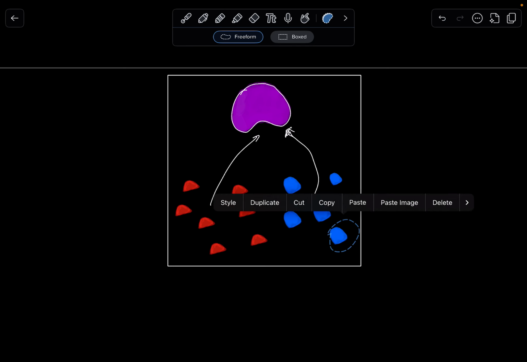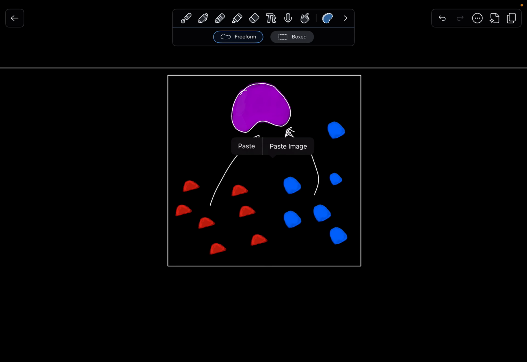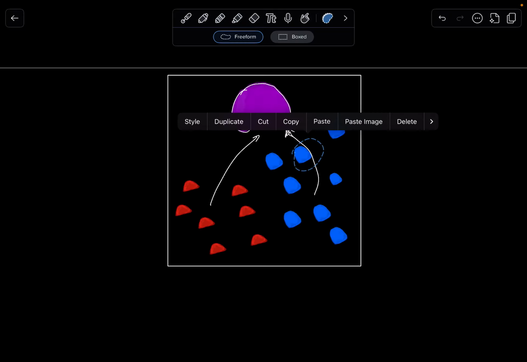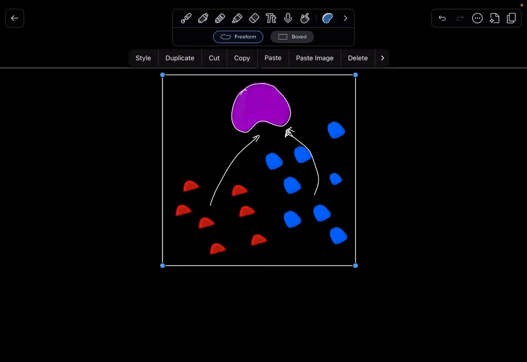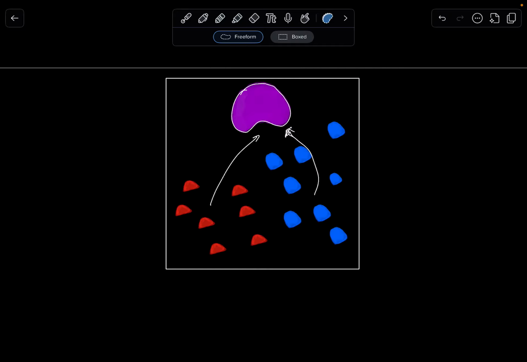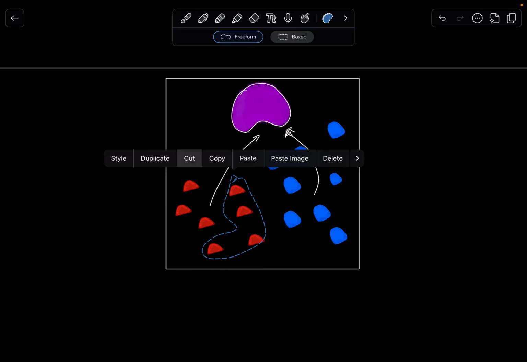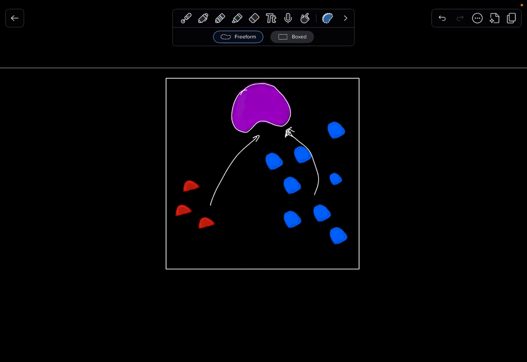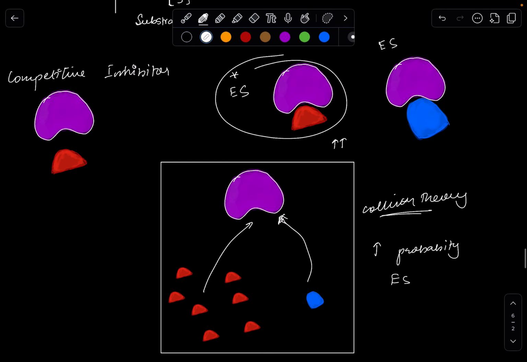I increase it so much that there are so many blue molecules that it's virtually outcompeting the red. There's a lot more blue now and there's very little red. So the blue is going to form this ES complex.